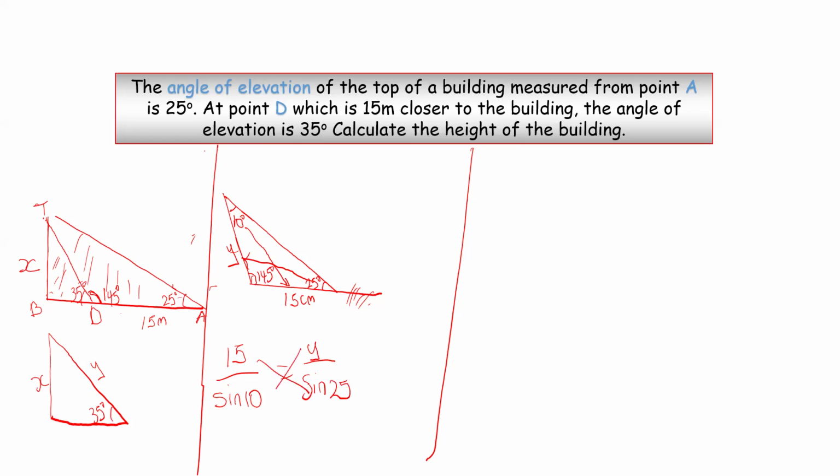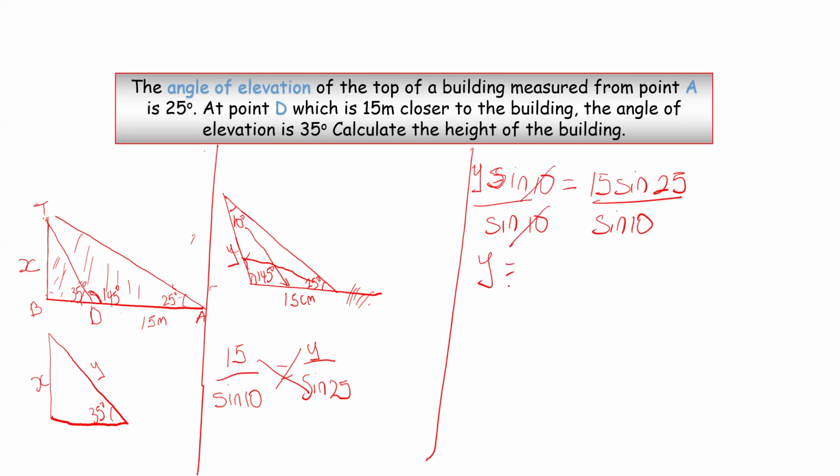So when we cross multiply here, we'll have y sine 10 equal to 15 sine 25. So when we divide both sides by sine 10 degrees, we'll have y equals to, when you punch that into your calculator, 15 sine 25 divided by sine 10.